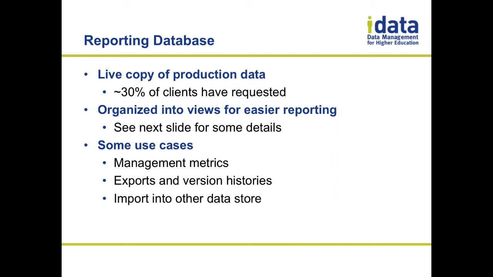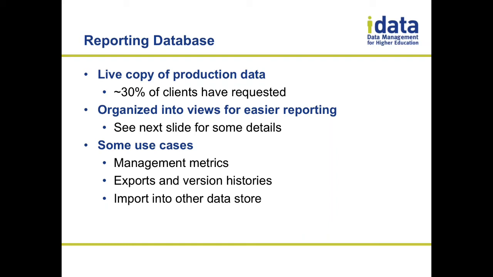The primary uses for this that we've seen are management metrics, so for example, reporting on activity and progress in the cookbook. Another use case is to get more detail. So for example, you can export a list of definitions from your cookbook application, but you may want the version history, or you may want additional detail that's not part of that export.